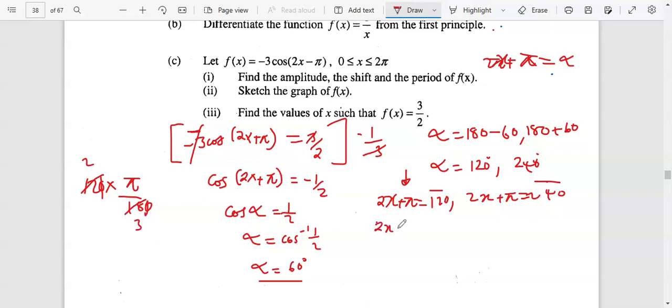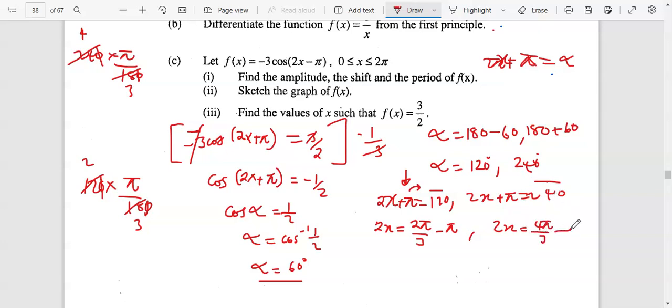So 2x plus pi is going to be equal to 2 pi over 3. I'm taking the pi the other side, so minus pi. Then the other side we have got 240. Also multiply by pi over 180. 0 also cancels with a 0. 6 into 24 is 4, 6 into 18 is 3. So here we're going to have 2x plus pi being equal to 4 pi over 3.